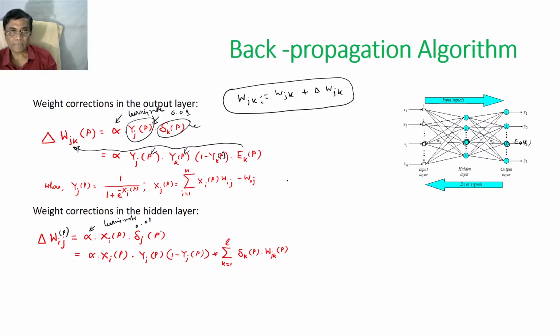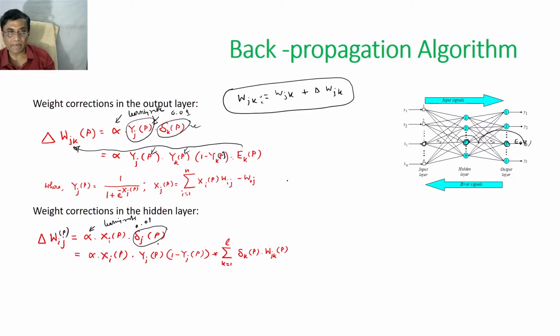Now my challenge is that in a chain system, I will have to come from here to here and from here to here. Because this error is already known to me, that's why you see the way we are doing it. Actually, this has been contributed for the kth neuron.